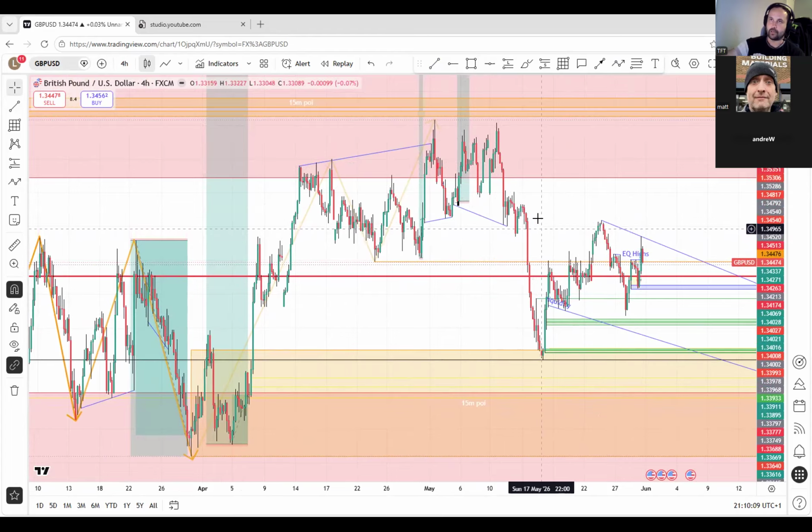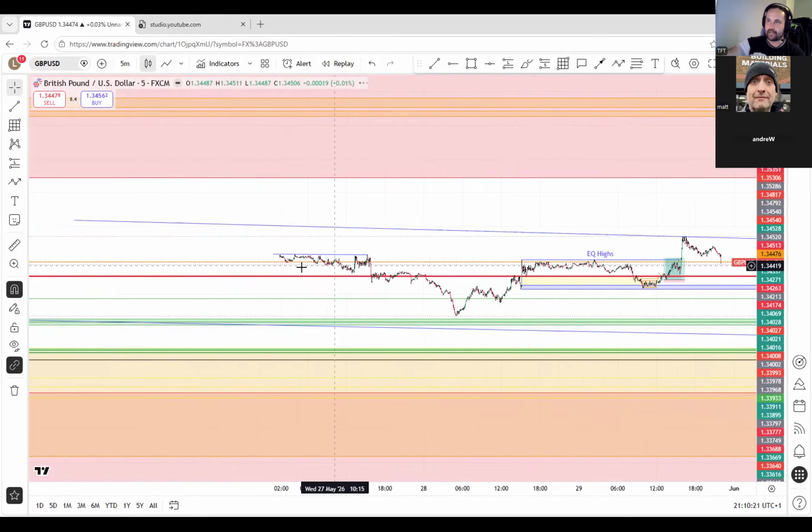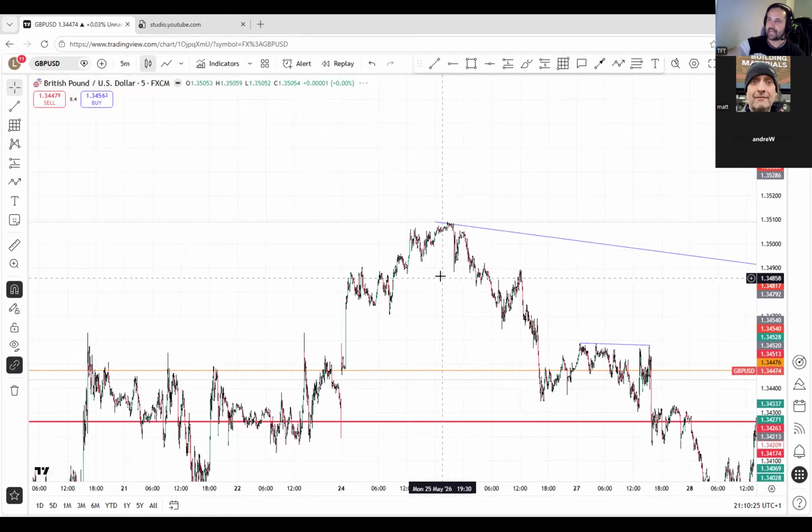When you mark it on the four and then you change to, say, the five, now it's stuck on the wick high there. When you change to the 5 minute, it might not be stuck on the wick high. It might have shifted it over slightly because it does it from the start of the 4 hour.